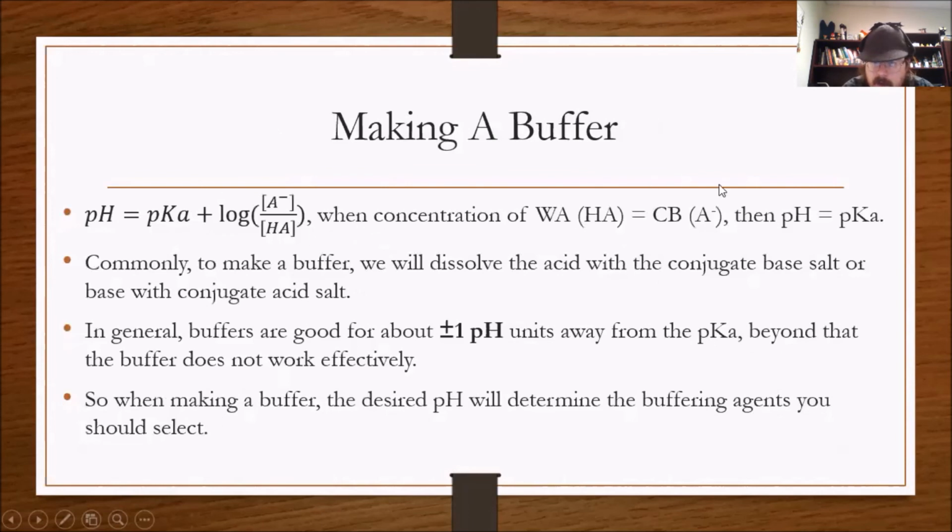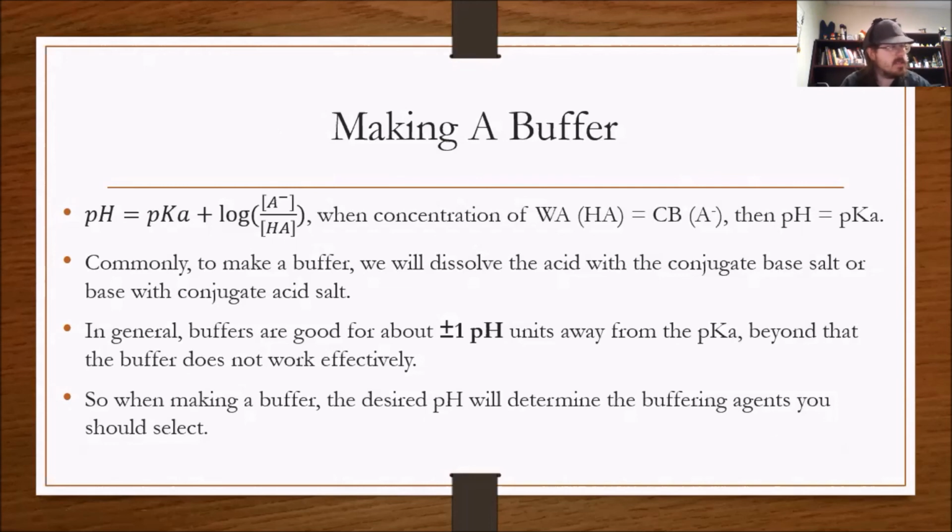Now, when we make a buffer, we need some amount of weak acid and some amount of conjugate base. Then if they are equal, pH equals pKa. Now, quick reminder, what is pKa?